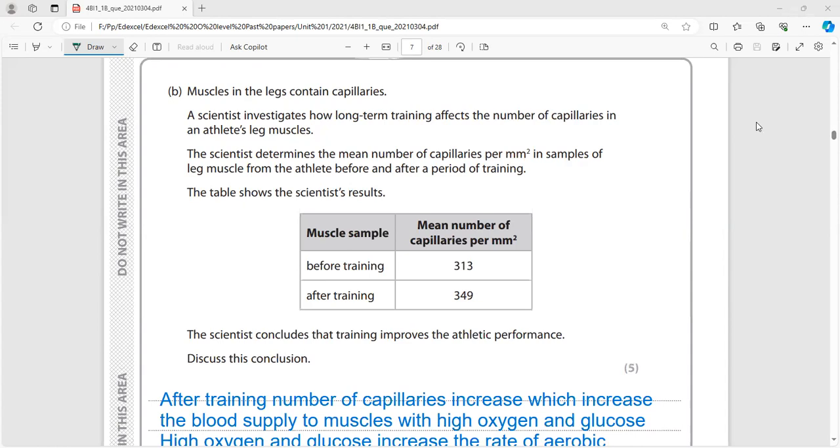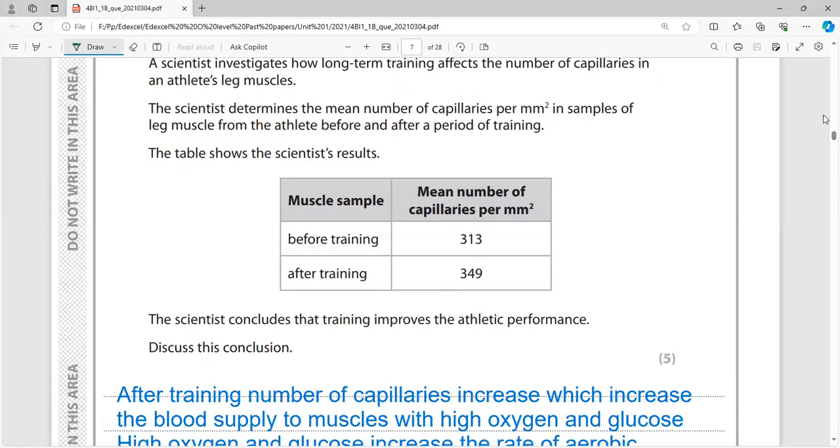The table shows the data: the muscle sample before training has 313 per millimeter squared, while after training it has 349. The scientists conclude that training improves the athletes' performance.